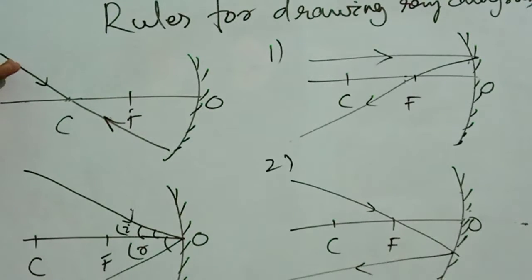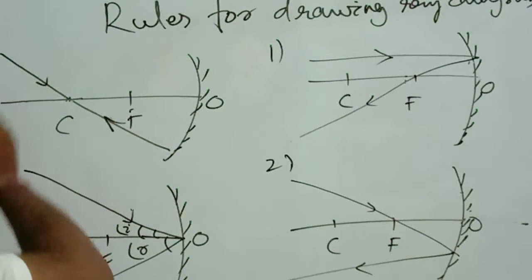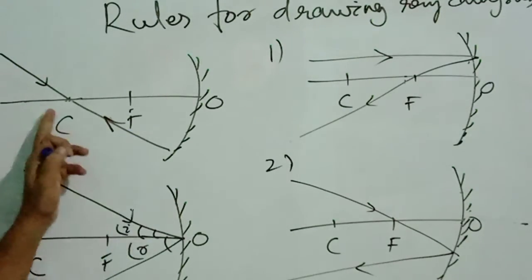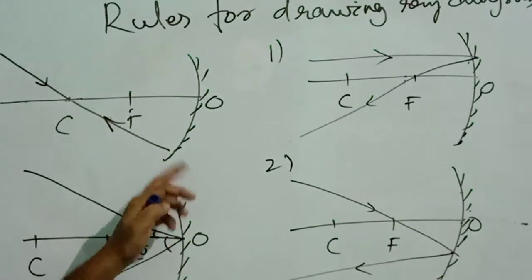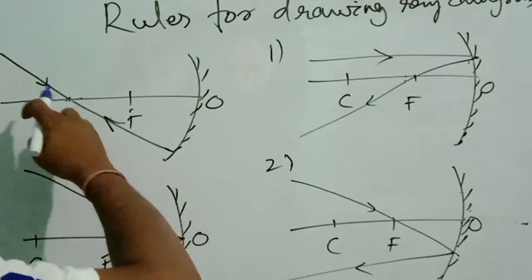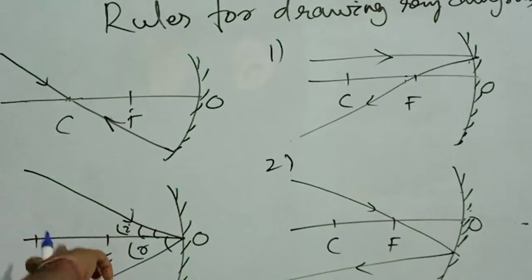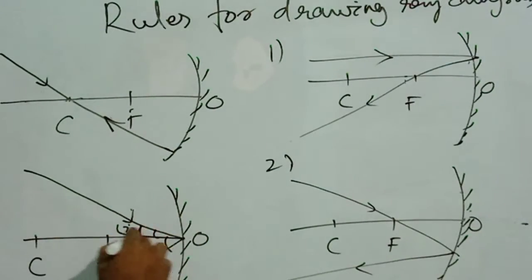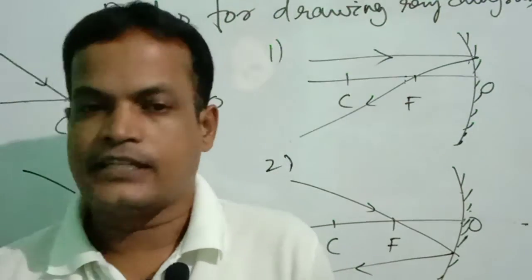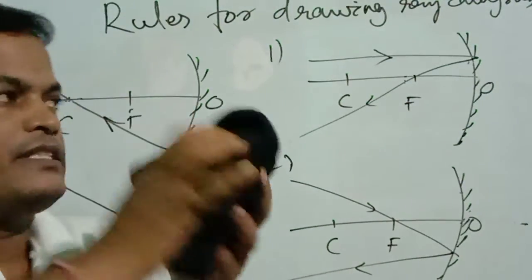In number 3, if it is incident upon C, then after reflection it returns through the same C. And number 4, if it is making a certain angle with the principal axis, then after reflection it makes the same angle with the principal axis. These are the 4 rules for drawing ray diagrams. Let us see the image formations.